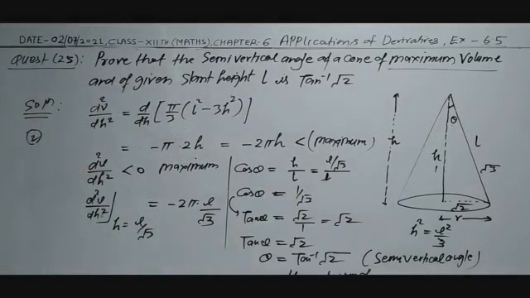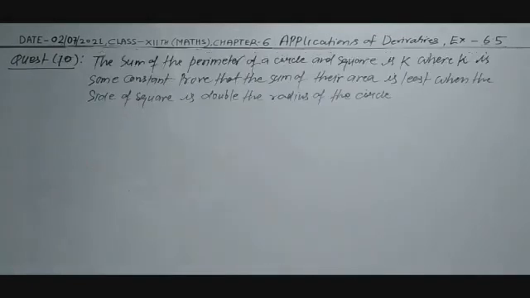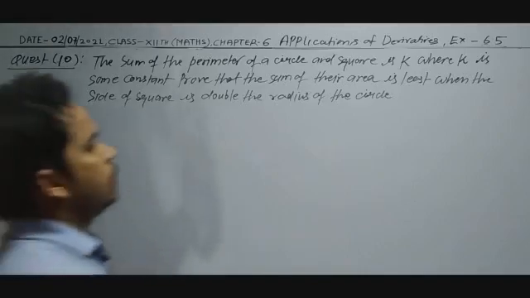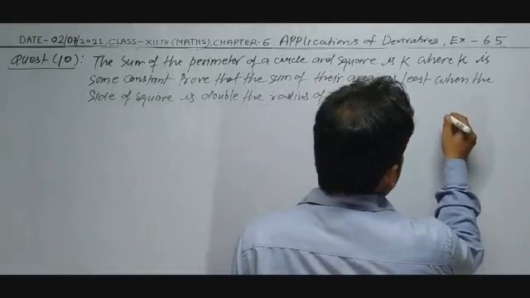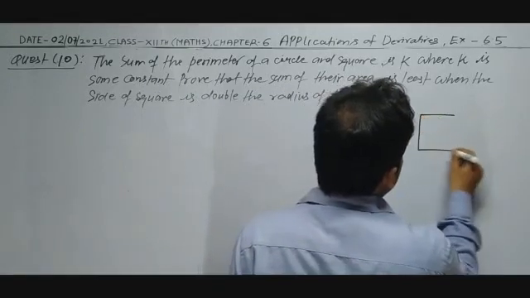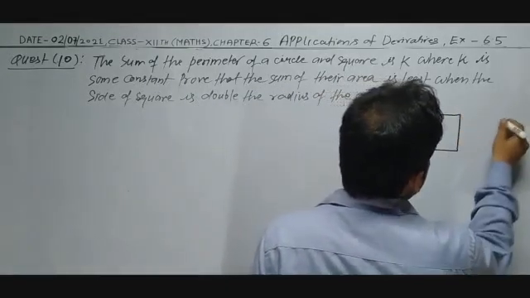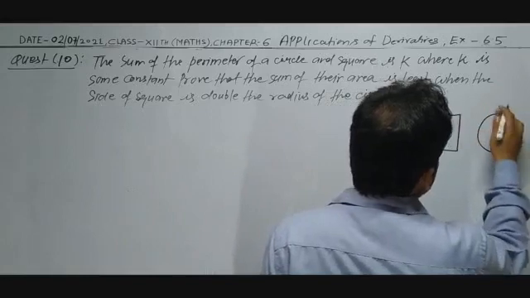Now come to the next question. The next question is question number 10 of miscellaneous chapter 6. In this question, the sum of the perimeters of a circle and a square is constant. Consider a circle and a square. This is the square and this is the circle.